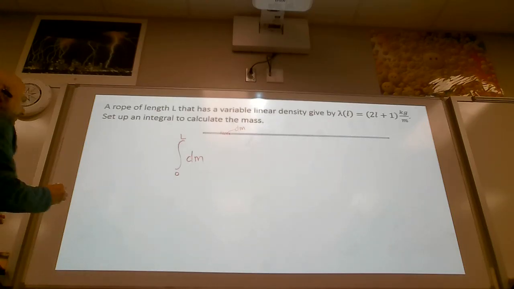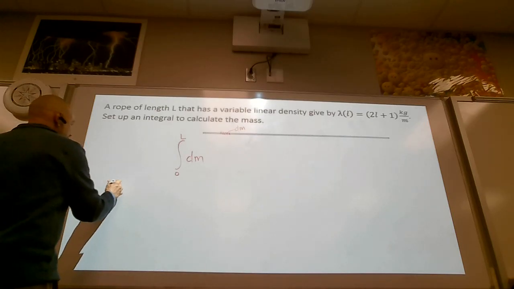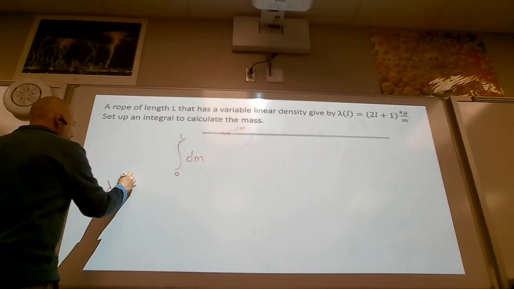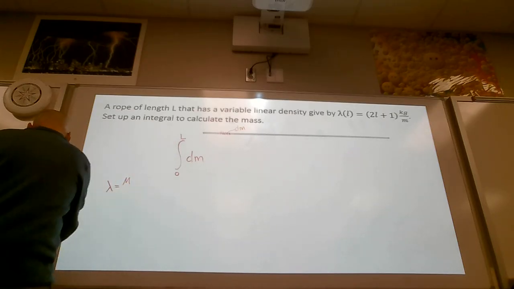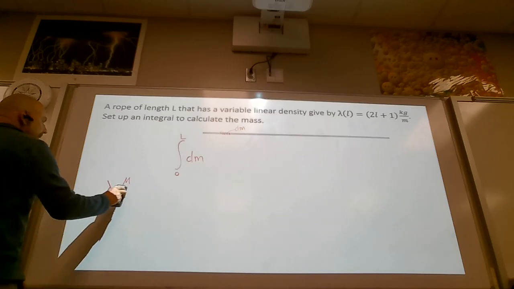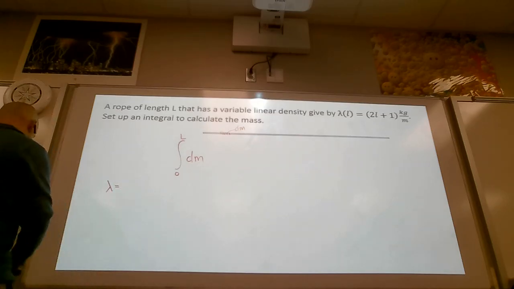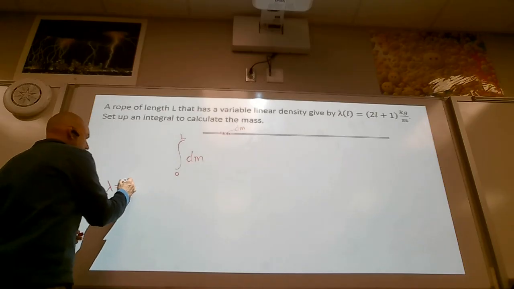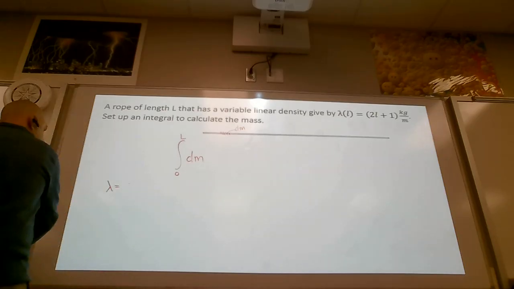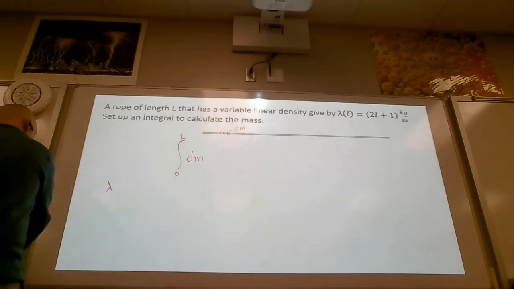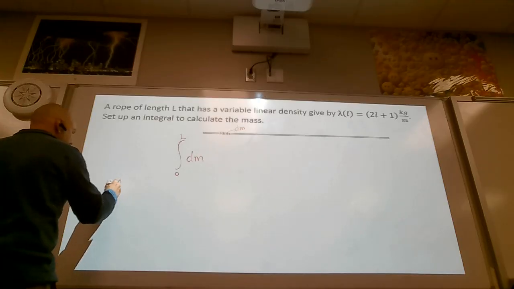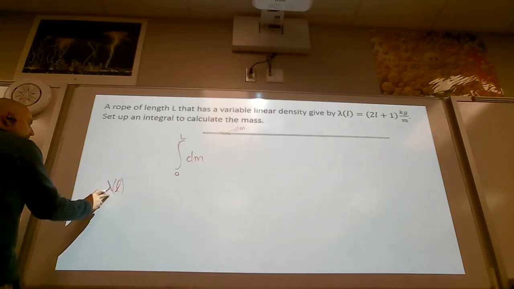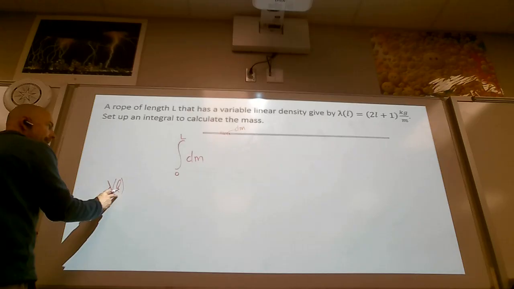Now, the density is no longer uniform. But what I can say is this is linear density as a function of length.